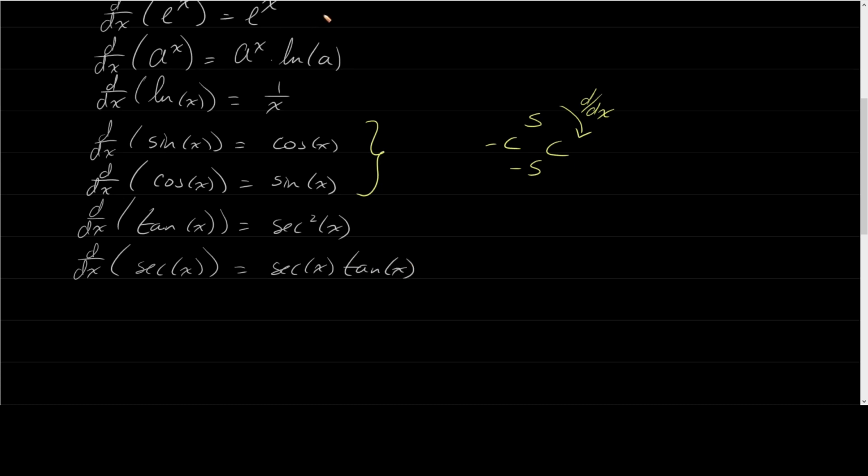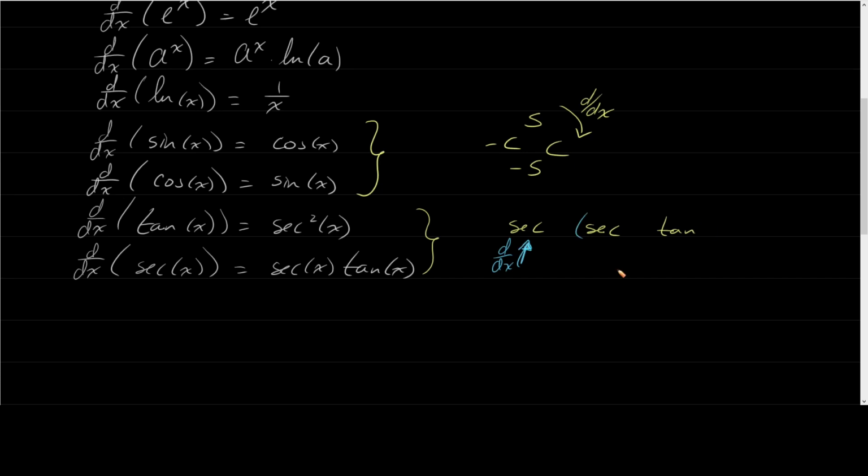Now, before we continue, let's think about a nice way to remember these. All right. What I'm going to do here is write secant, secant, tangent. Now, here's the way that we're going to read this. If I take the derivative of this first one, I end up with secant times tangent.